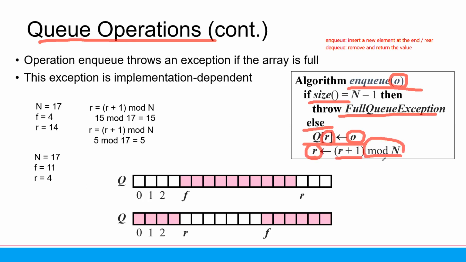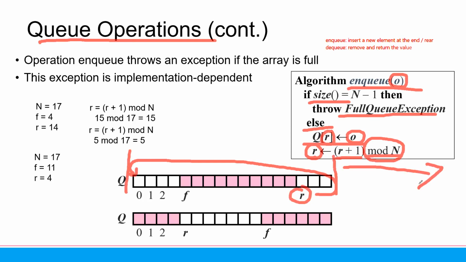Why? Because there is a possibility that R will be wrapped around back to the index 0. Because we have the capacity of the queue, we cannot go more than the size of this array.